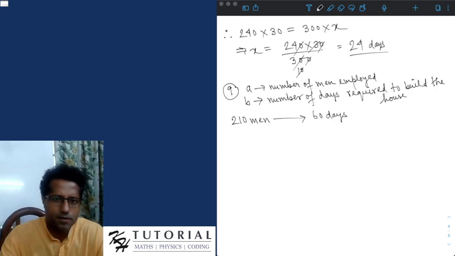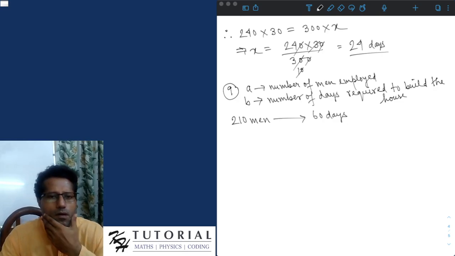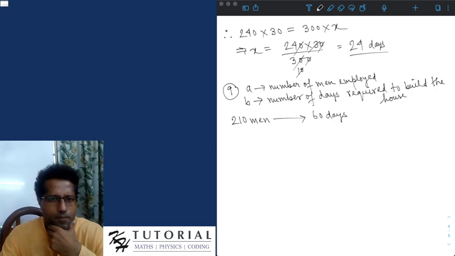Okay, so the hint given is that after 12 days, definitely 48 days will be remaining. So whatever work has been done in the first 12 days, the remaining work will be done by the 210 men, and it will definitely be done in 48 days.